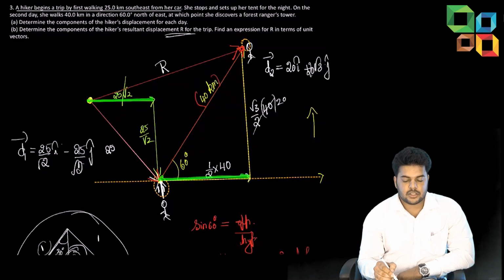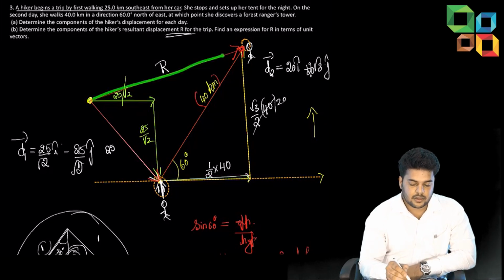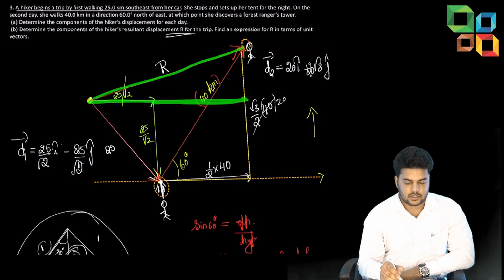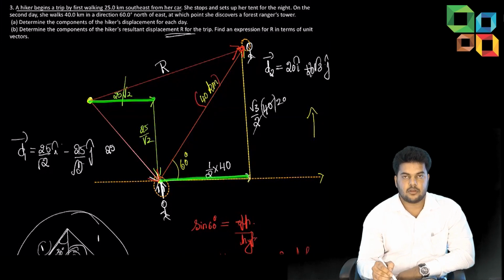So the total that she has walked, if this is the resultant vector, the total displacement along the east direction is the displacement along the east on the first day plus the displacement along the east on the second day.